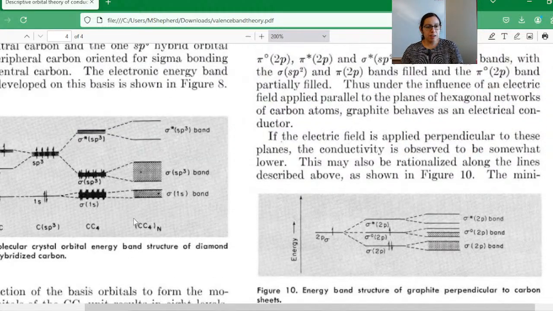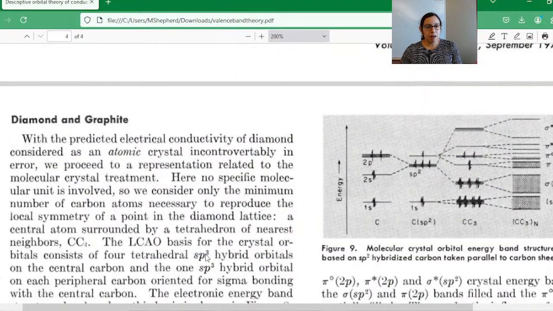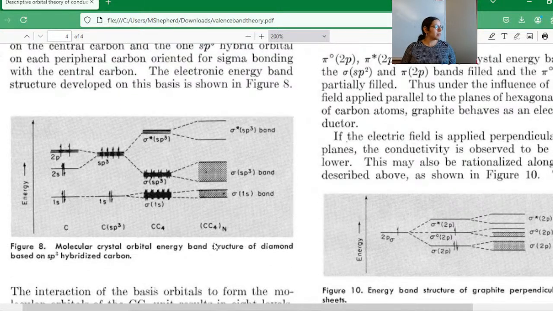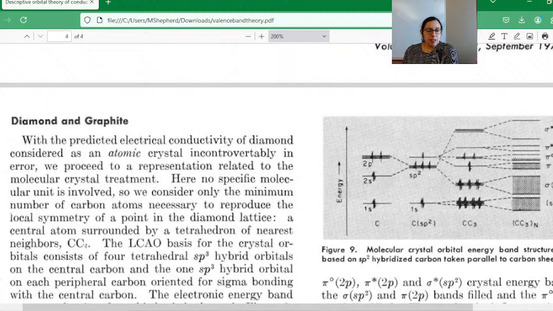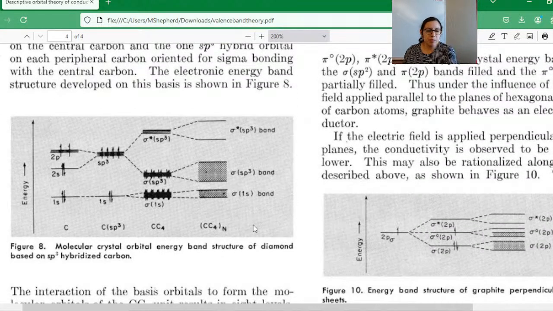Okay, so then let's get back to carbon and what we're trying to prove. And so now let's look at diamond versus graphite. So diamond is an insulator versus graphite is a conductor. And so now let's explain why.